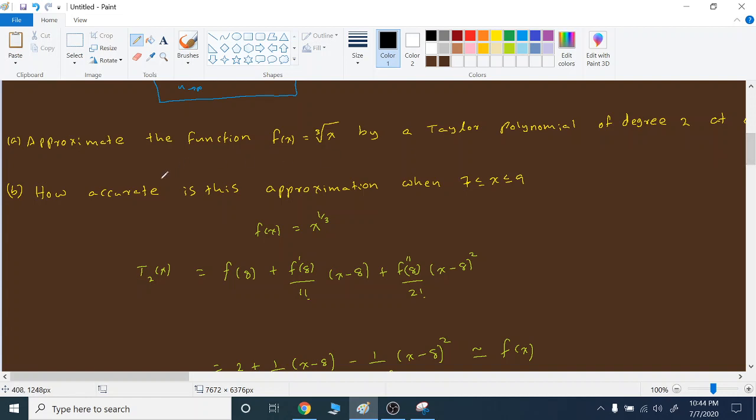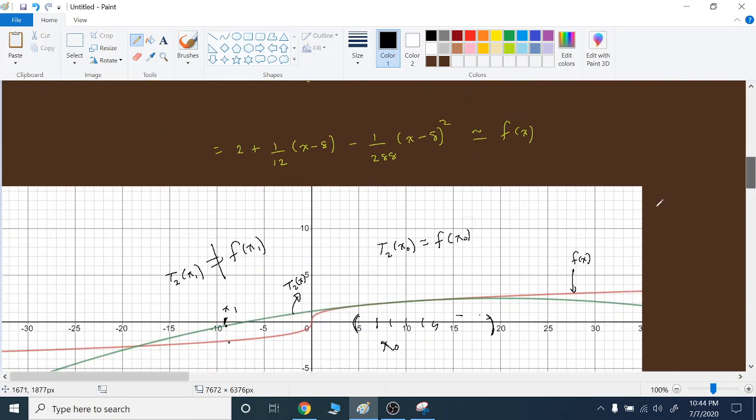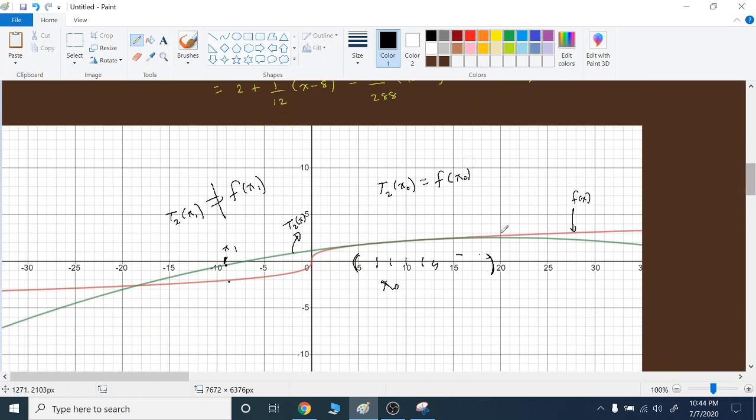And here it asks, how accurate is this approximation when we choose x within this region? Now, to answer this question, you don't have to know the shape of these curves. I drew these graphs only to give a better insight.